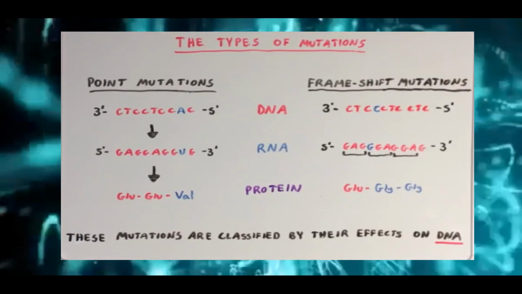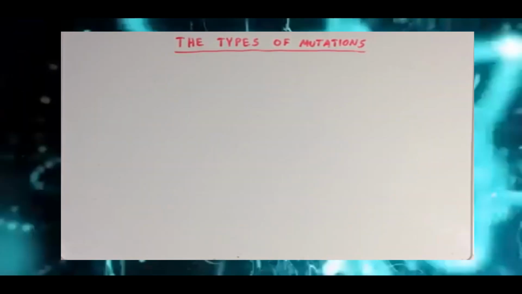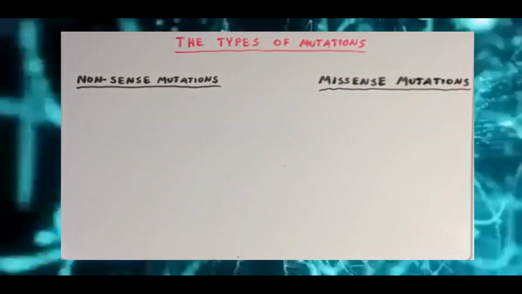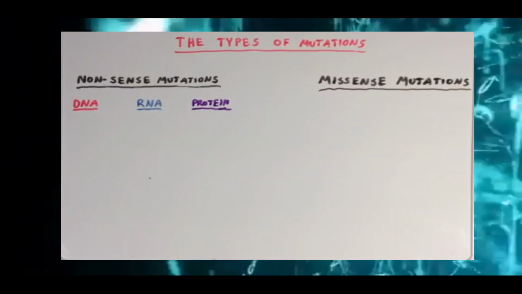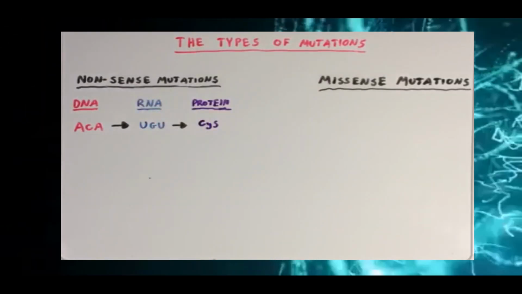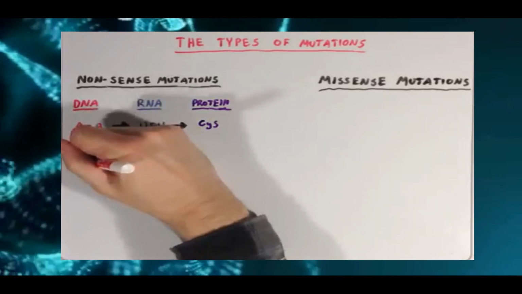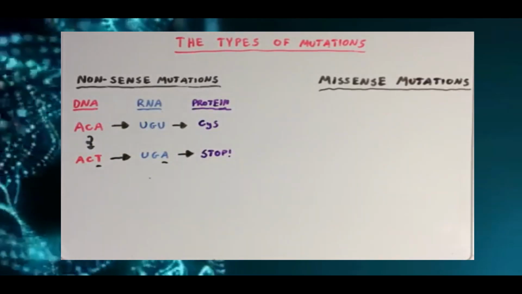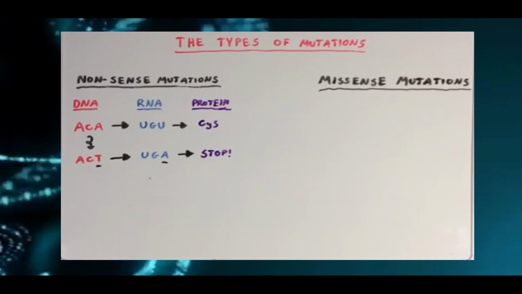Now, our next types of mutations are nonsense mutations and missense mutations. Let's say we have a DNA sequence that normally generates RNA and codes for a cysteine amino acid. A nonsense mutation is any genetic mutation that leads to the RNA sequence becoming a stop codon instead. Now, missense mutations are a little different, and they're any genetic mutation that changes an amino acid from one to another.